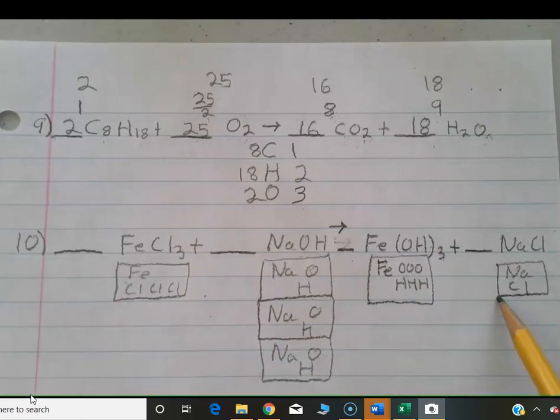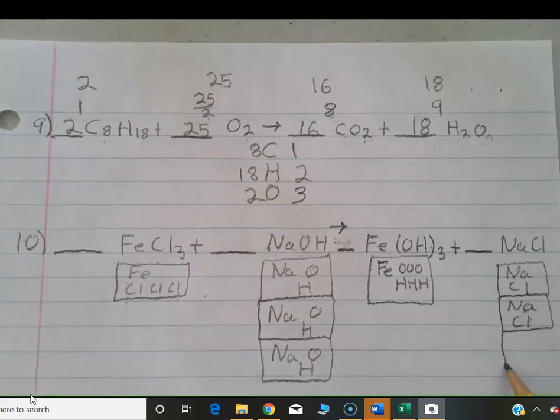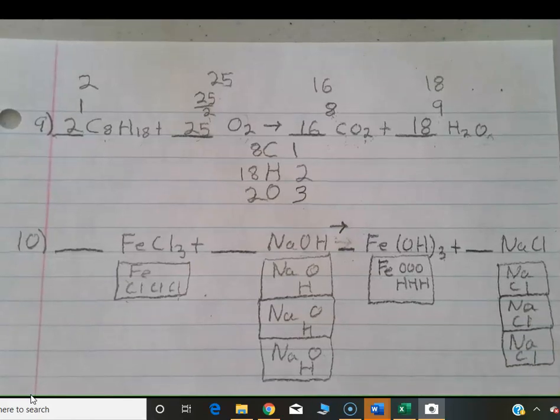So chlorine, we have 3 here and 1 here, so we go to the side that has the least and add boxes. Okay. And let's see, so chlorine's 1, 2, 3, 1, 2, 3. Sodium, 1, 2, 3. We come over here, it's in balance.